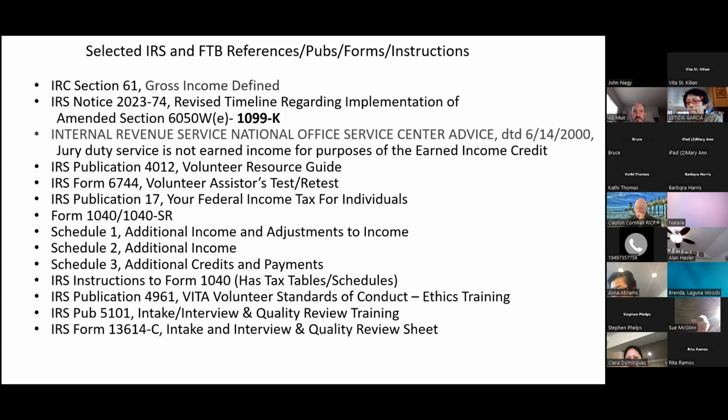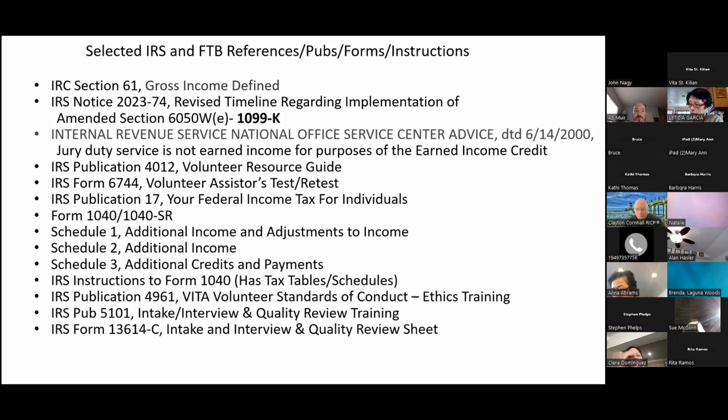And then our next reference, there's what is called an IRS Service Center Advice. It's a little over 20 years old. And so when you're talking about the earned income tax credit, we know for federal purposes that you have to meet a number of rules and you have to have earned income. And so typically our VITA clients, they've got W-2 income or they have self-employment income of some kind, but there's different types.